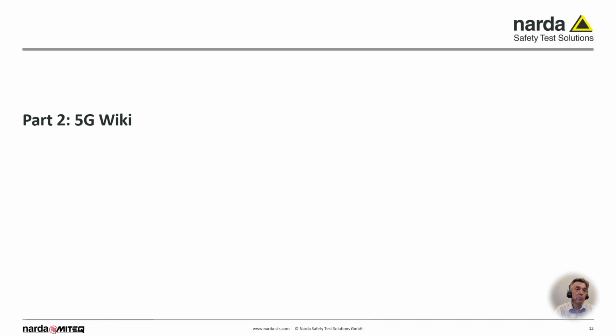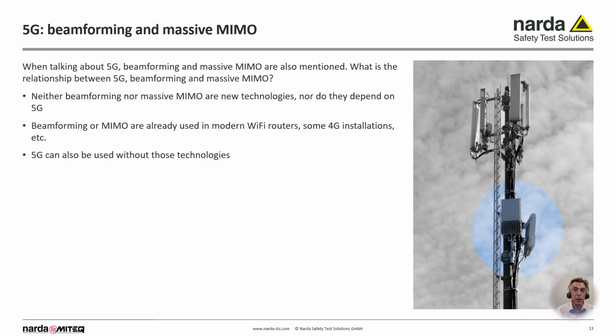So let's go a little bit into the wording of 5G, just explain some little things. So beamforming and massive MIMO. Massive MIMO. MIMO was, as I mentioned already, also possible with 2G. So it means they had 4 or 6 antenna elements inside of such a transmitting antenna.